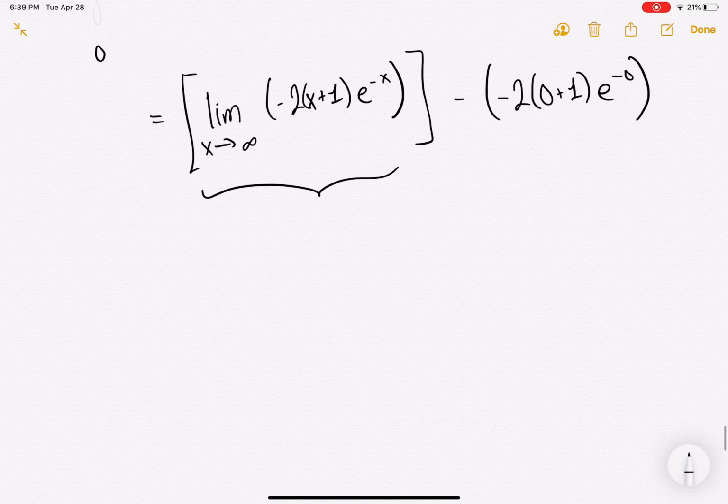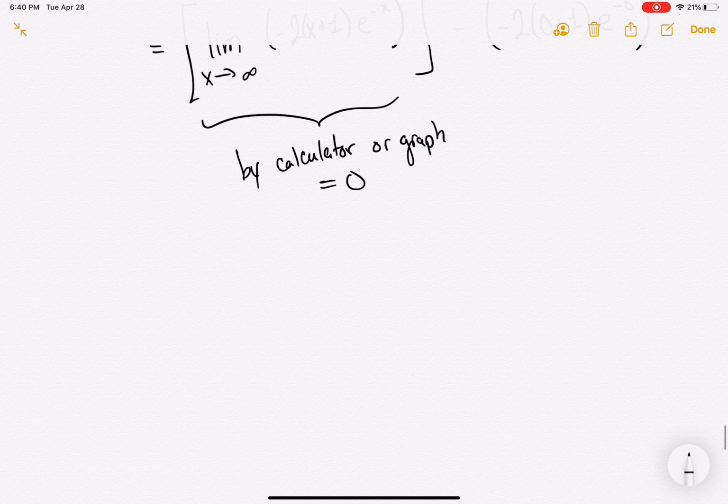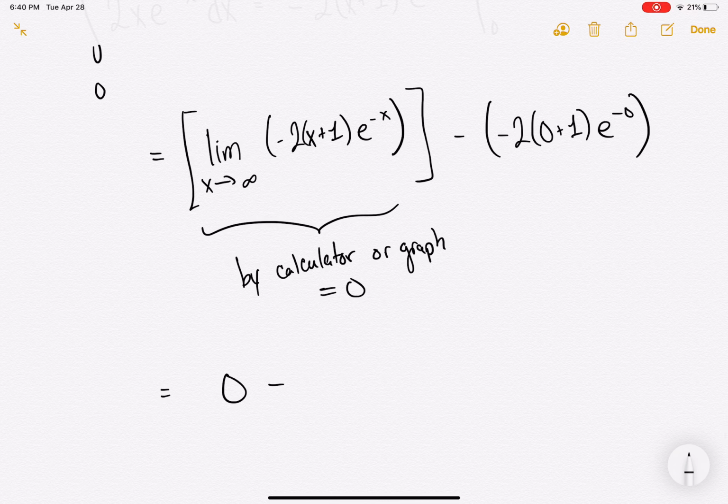Again, by calculator or graph, you'll find out that this equals 0. And so this is going to end up being 0 minus negative 2, so 0 plus 2 times 1 times 1. So this is, again, going to be 2.